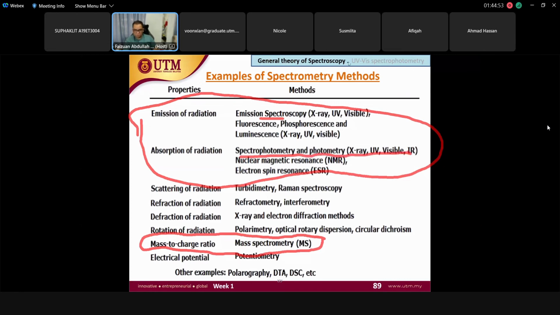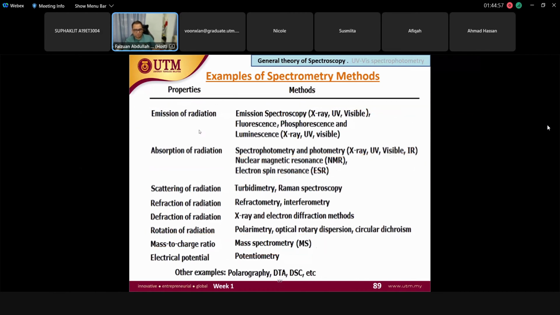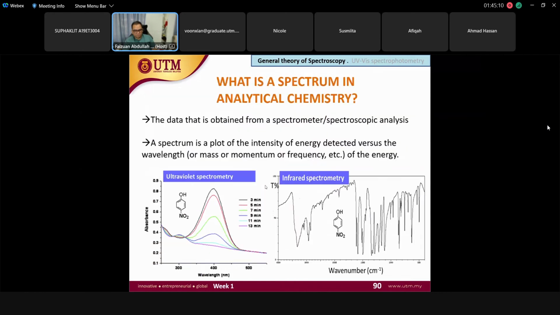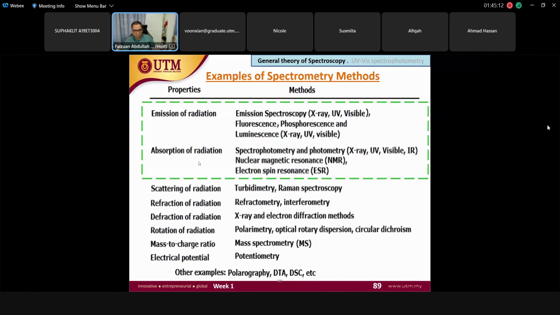No worries, we will learn in detail about the instruments after this. Like I said, most of the instruments use this type of properties of radiation.